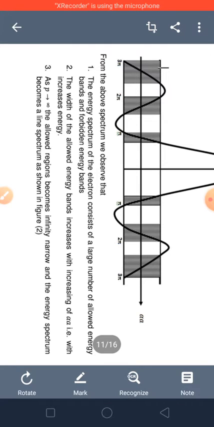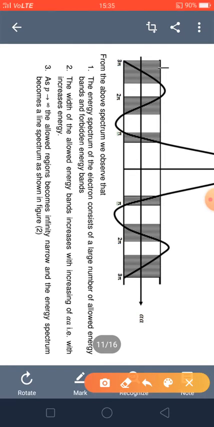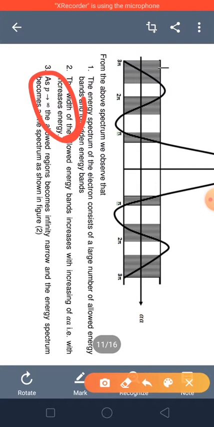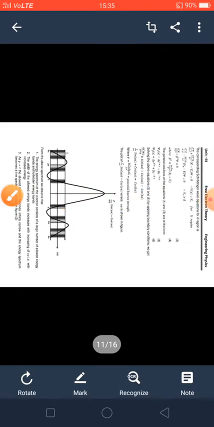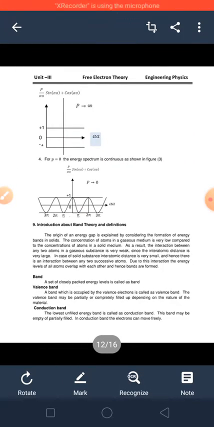What happens if P tends to infinity? This allowed energy spectrum does not keep increasing in width, it becomes a line spectrum, which is given by the second figure.